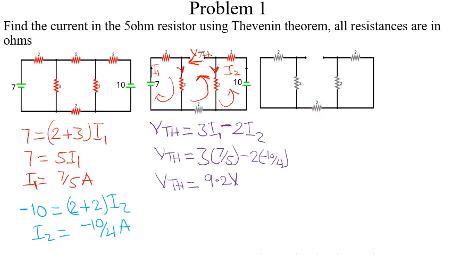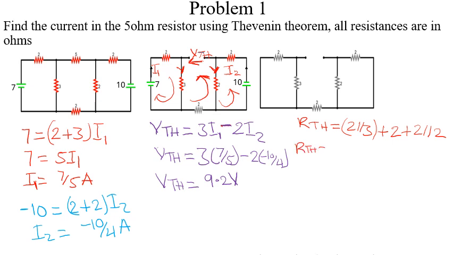So basically, I can write RTH here is equals to 2 parallel 3, plus 2, plus 2 parallel 2. After writing it like this, I can now do the maths.